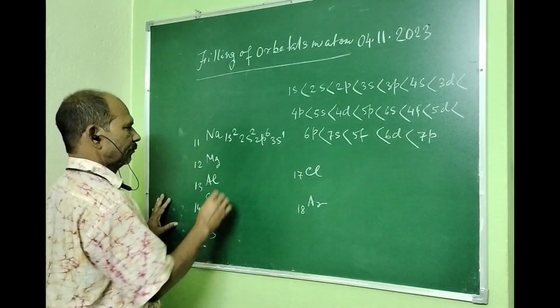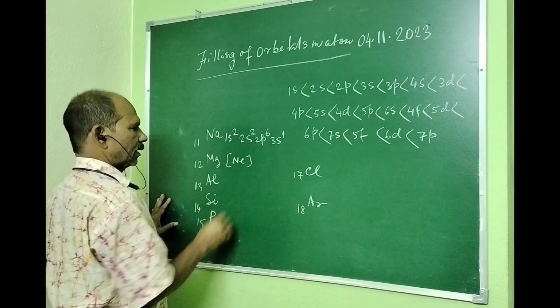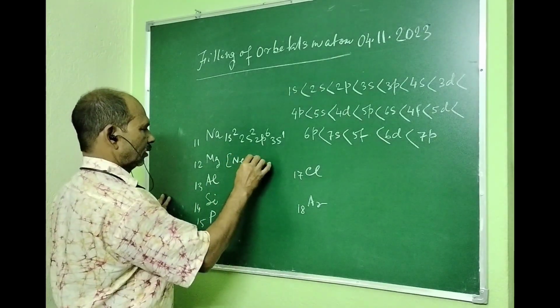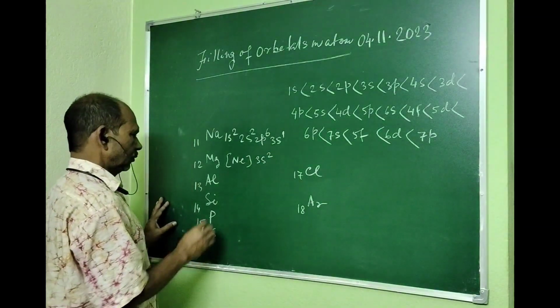Similarly, for magnesium, we are writing neon core and the atom will be filled like this, 3s2.